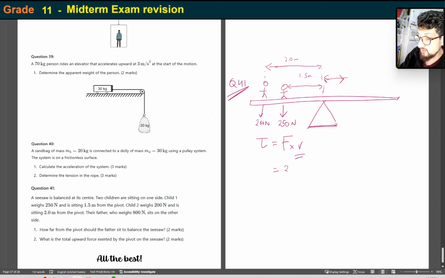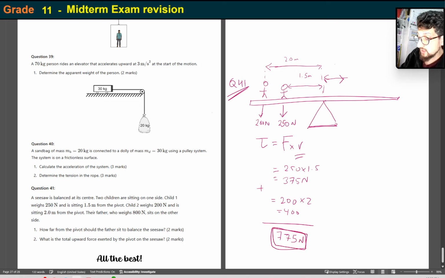It's going to be 250 times 1.5, which is 375, plus the other one, 200 times 2, which is 400. Adding these two together gives 775 newton meters. So that is the total torque on the left-hand side.